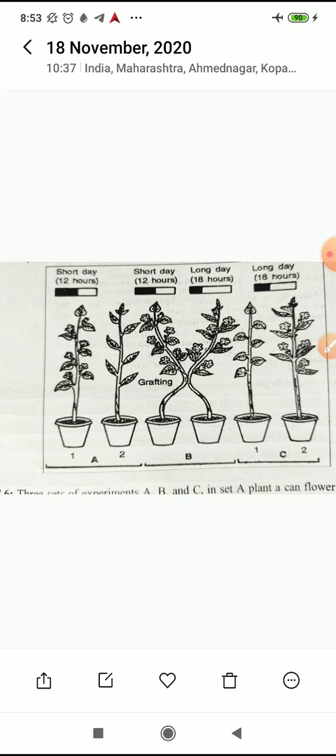Then one must conclude that the stimulus must travel from the leaves to the flower forming region. Experimental findings also support this view, where scientists came to know that this stimulus moves through phloem, and this movement is independent of the transport of photosynthates.